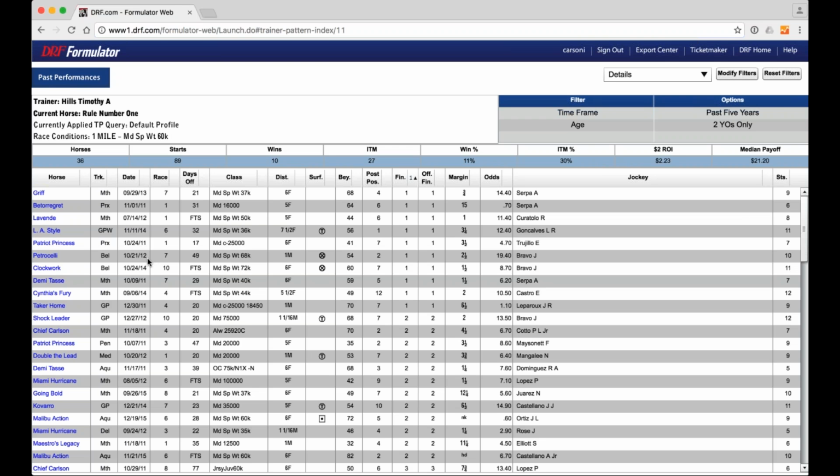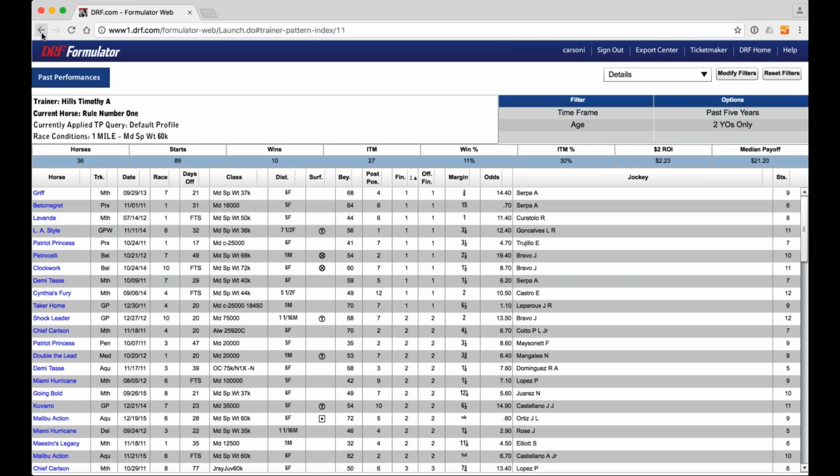Kevin, how about you? What's your view on the importance of sample size when it comes to trainer statistics? It's all relevant to how many parameters you're using to get to that sample size. For example, if you're just solely saying first time off the claim, you need a large sample size because that's a broad topic.